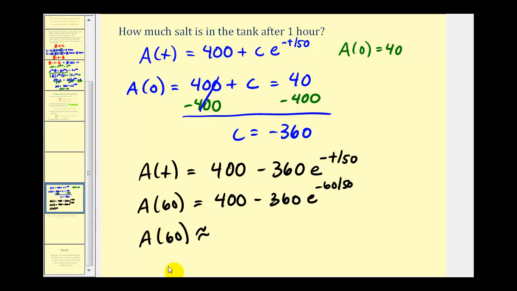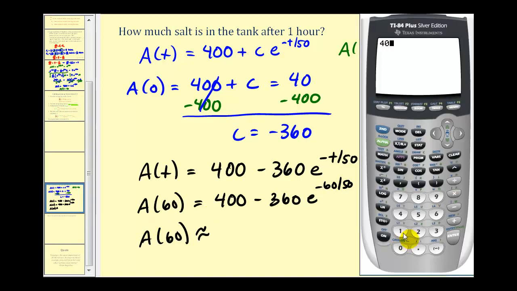And now we'll go to the calculator. So there's approximately 291.6 pounds of salt in the tank after 1 hour.